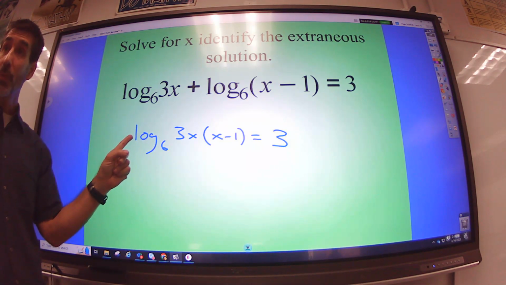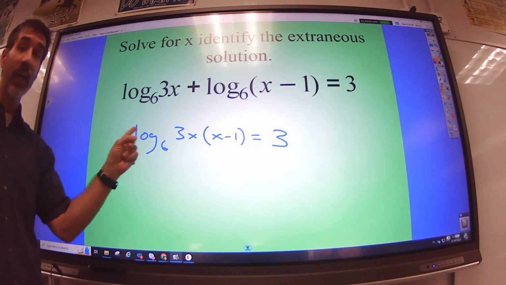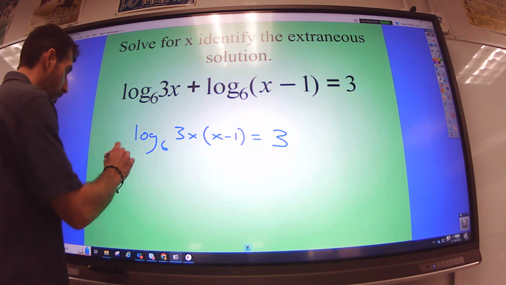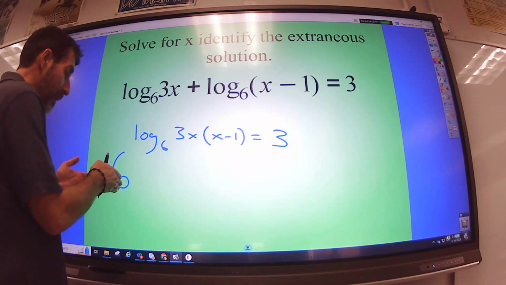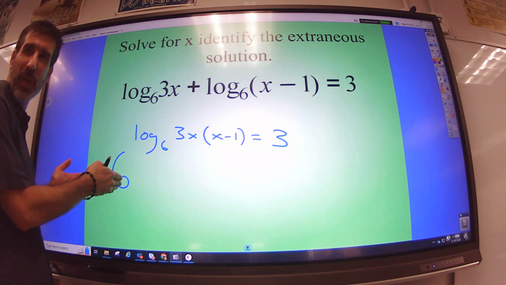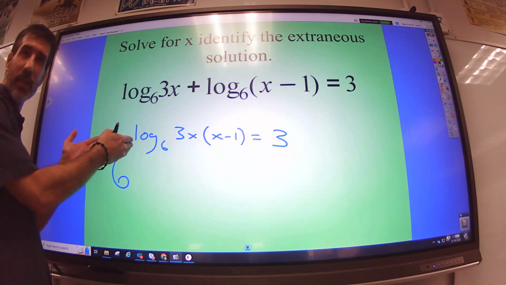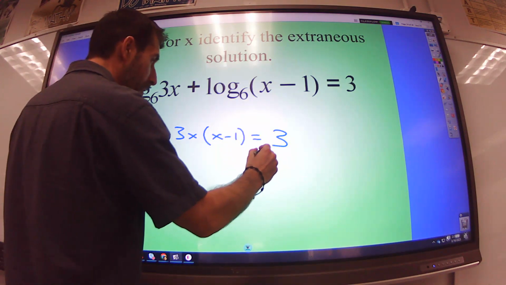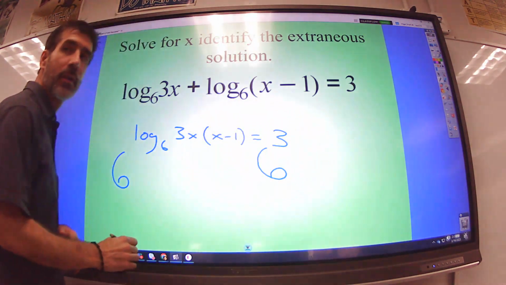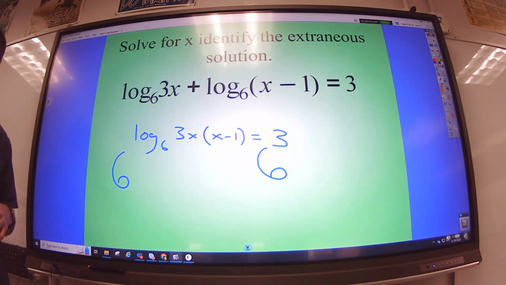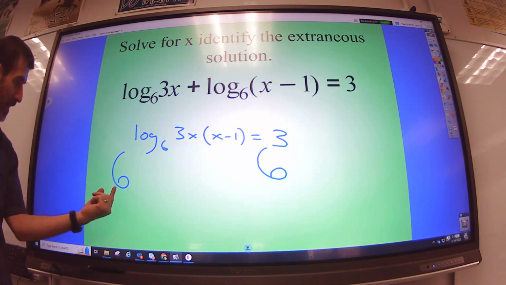If I have a base of 6 and log base 6, what are those? Starts with an I and rhymes with inverse. They're inverses. You guys are so smart, right?